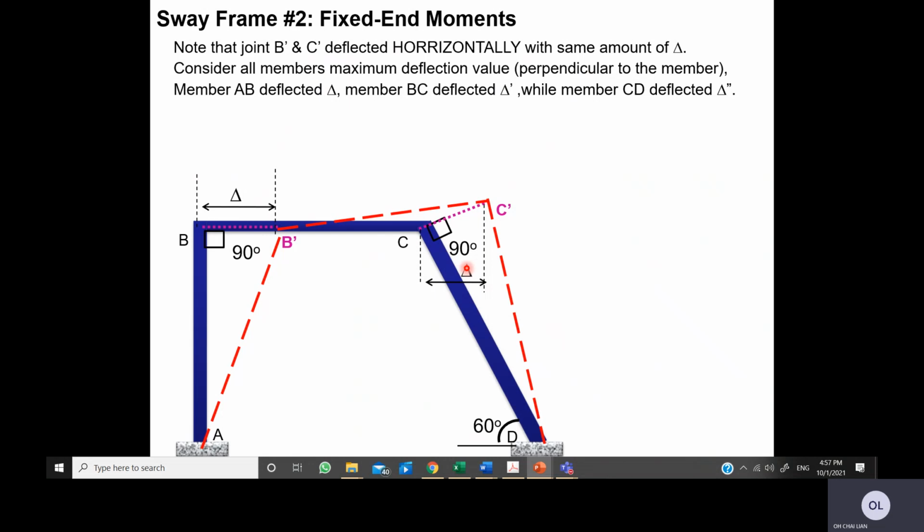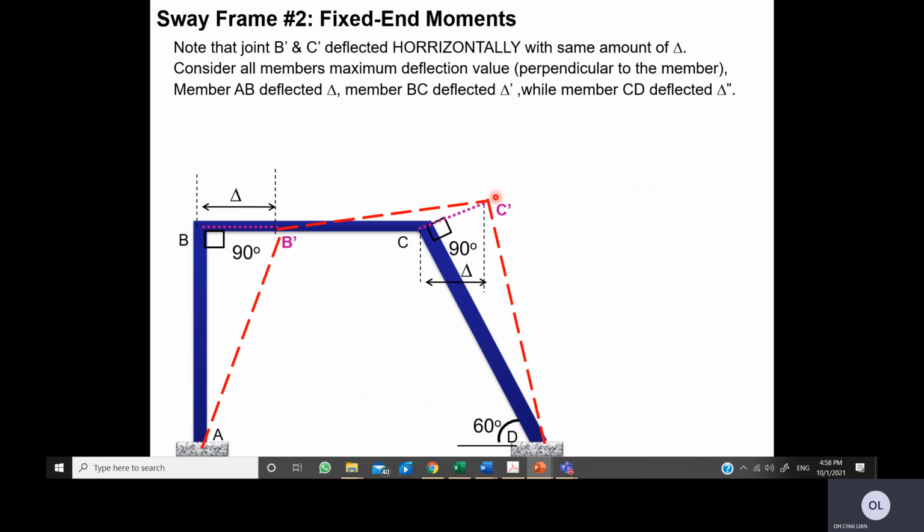But this deflection, the one that I have pointed to now, is not the deflection for member CD, because if I draw a line here, this is not 90 degrees. The 90 degrees is here, where the distance is C to C prime.